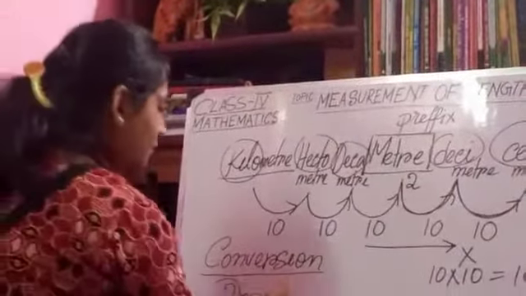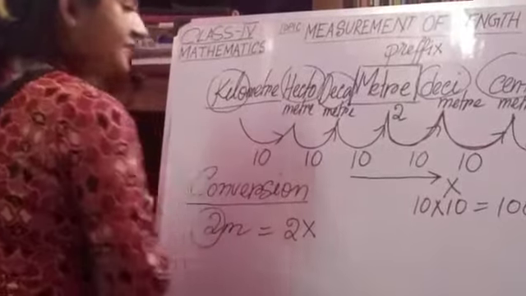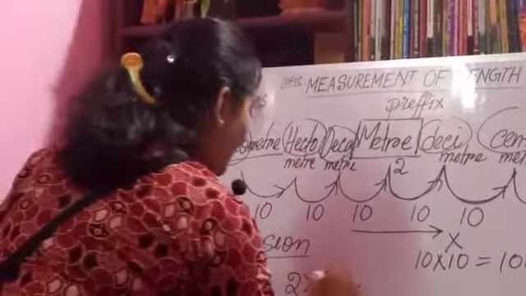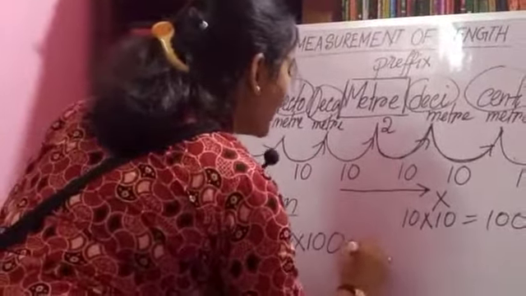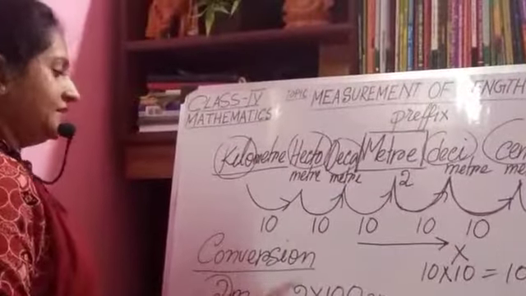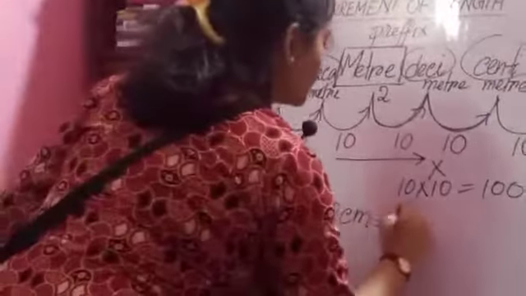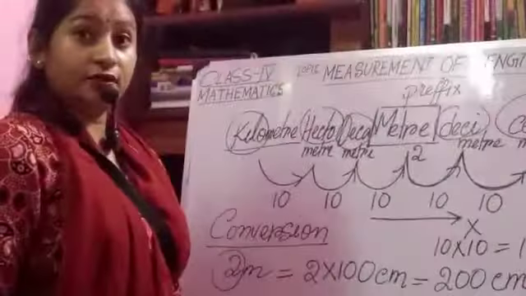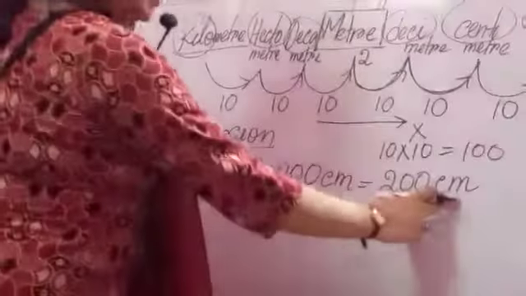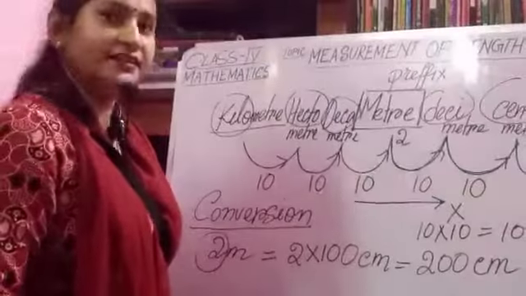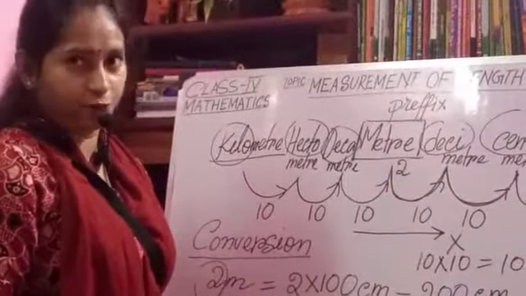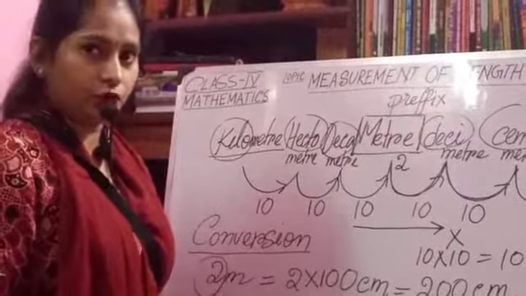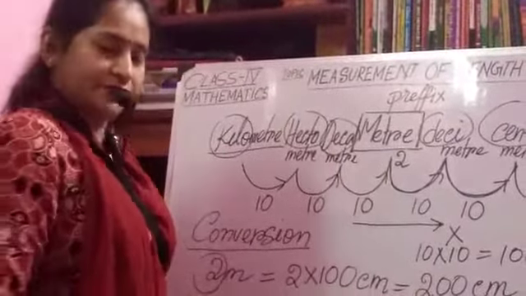So, I am going to multiply this by 100. And this has been converted to centimeter. Now, children, one thing you must remember, you must write the units carefully and properly. They are very important for this type of sums.